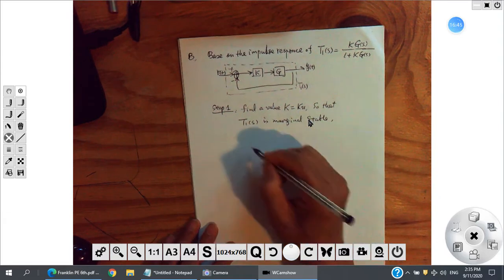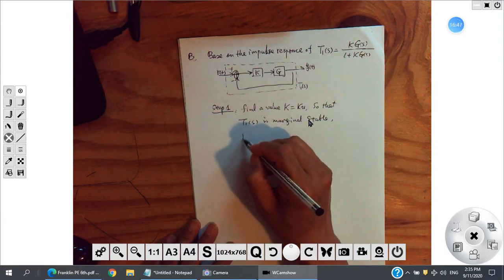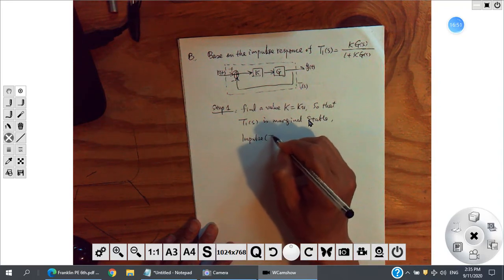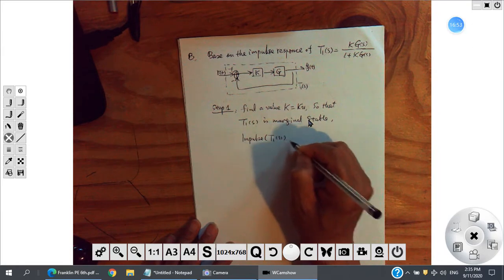That means the impulse response of T1 will look like this.